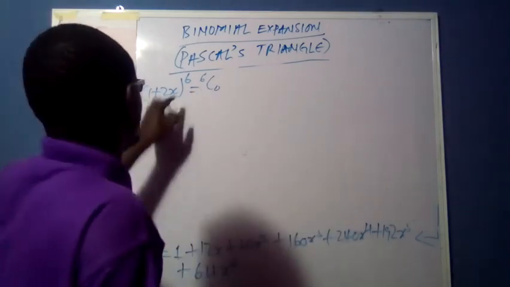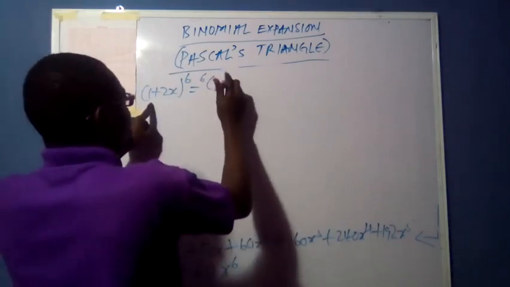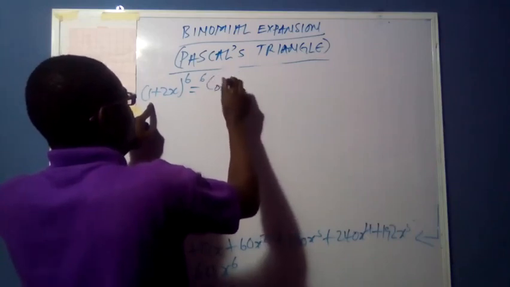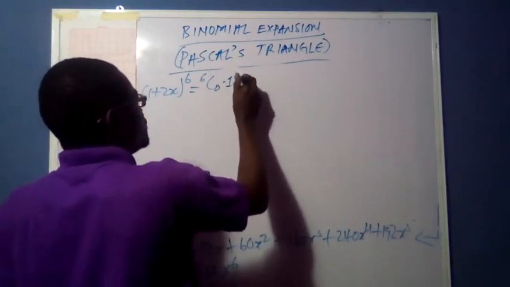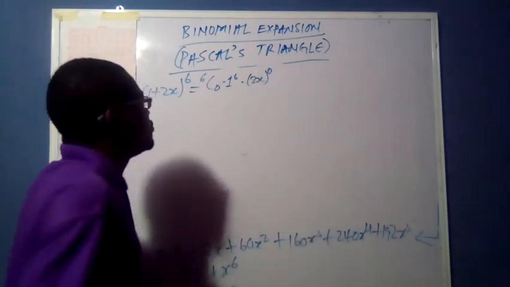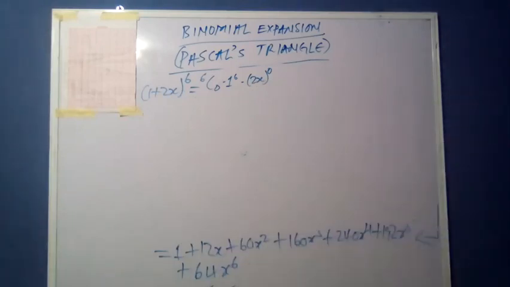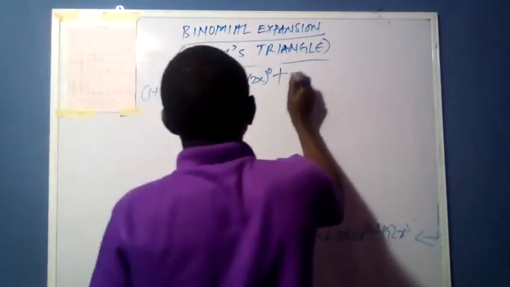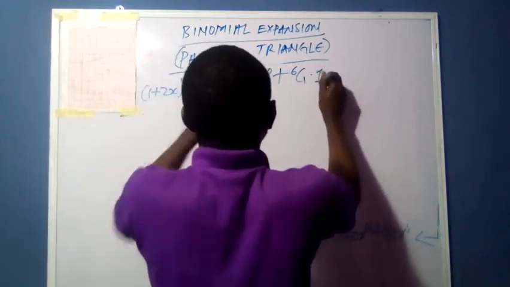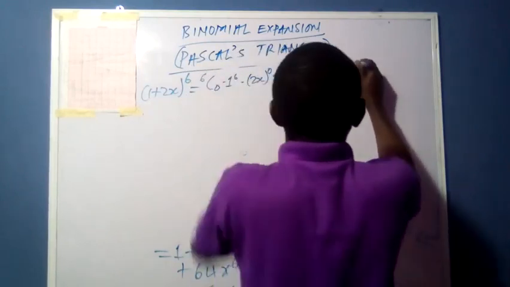So the first term is going to be 6 combination 0 multiplied by 1 raised to power 6 by 2x raised to power 0. Plus the next one is 6 combination 1 times 1 raised to power 5 times 2x raised to power 1.